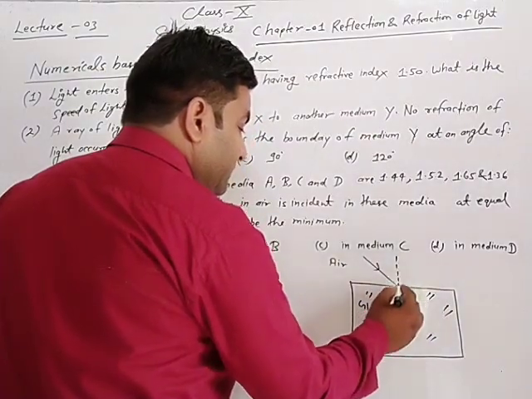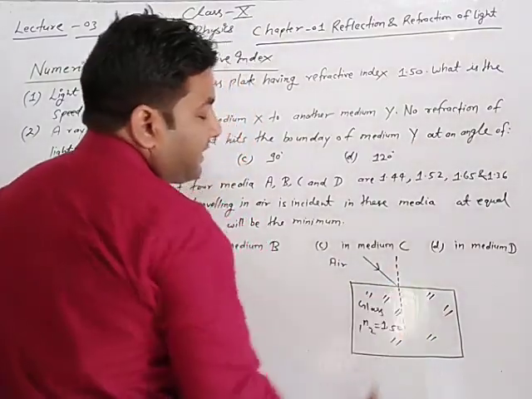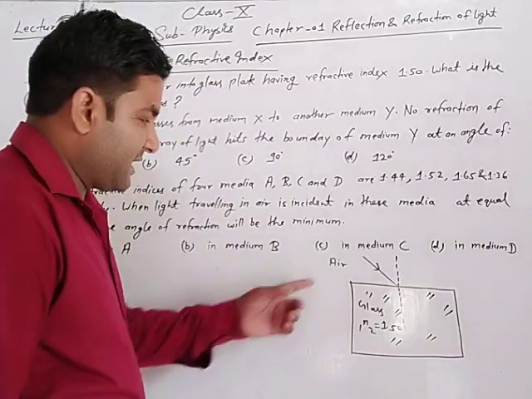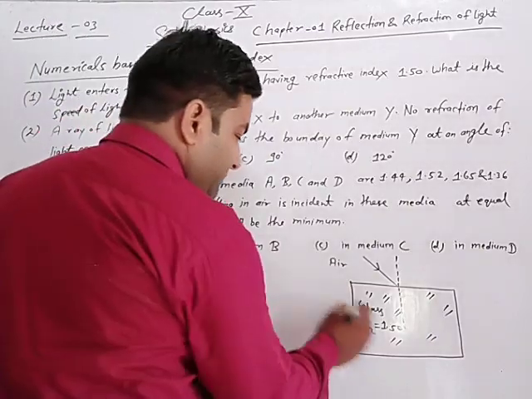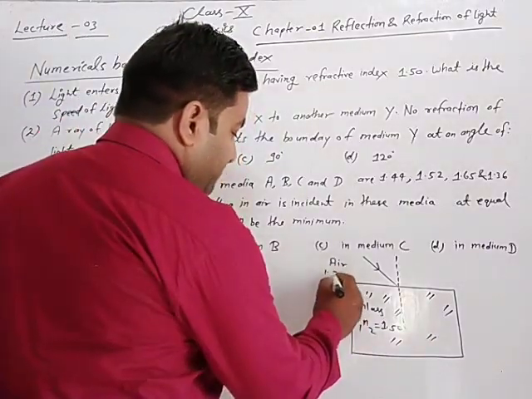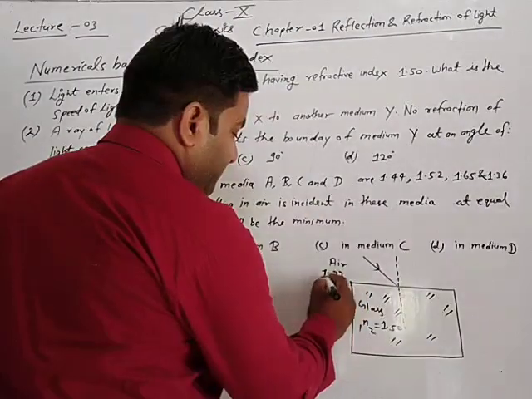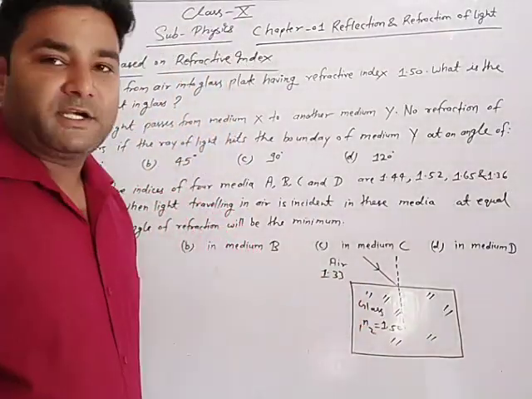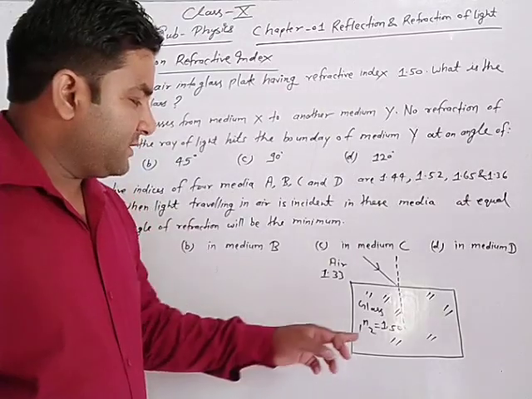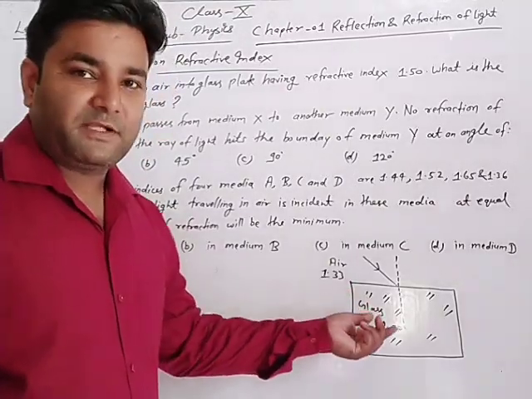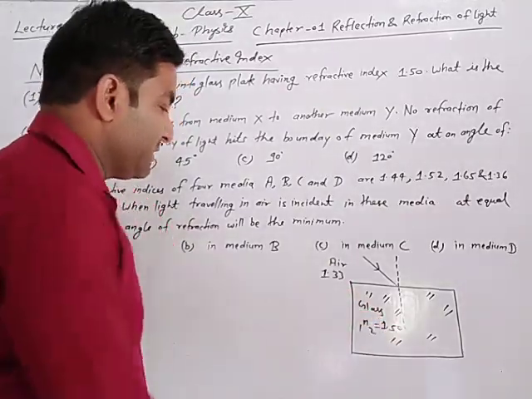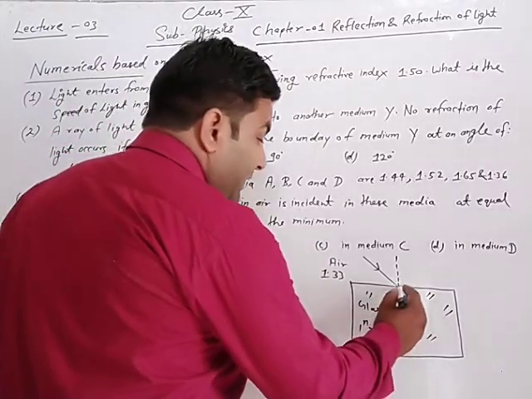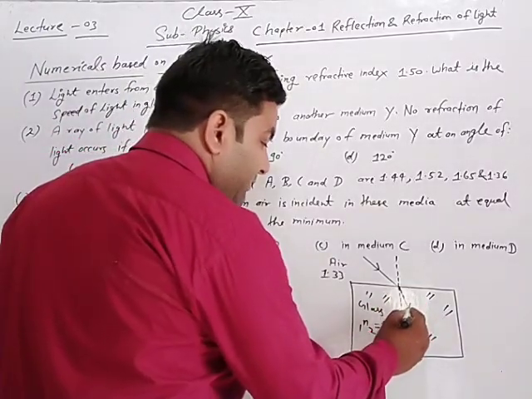and when the light ray comes from the rarer medium and enters the denser medium, glass refractive index 1.50 and air refractive index, we know, 1.33. So 1.50 is greater than 1.33. With the help of this concept, the light ray bends towards the normal.